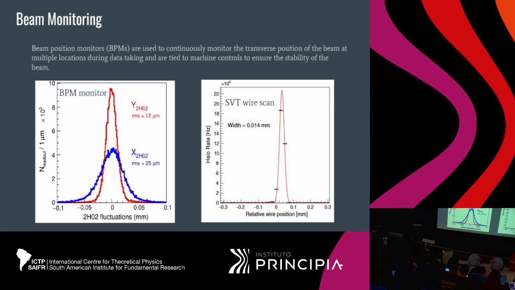Here, for example, we have some results from the scan of the beam shape in correspondence of the silicon vertex tracker of HPS. There are some detectors along the beam line that basically measure the distribution of the particles of the beam with respect to the axis of the beam itself.